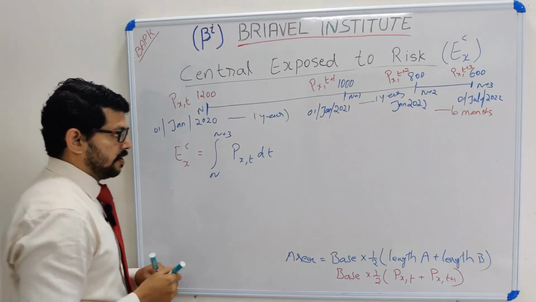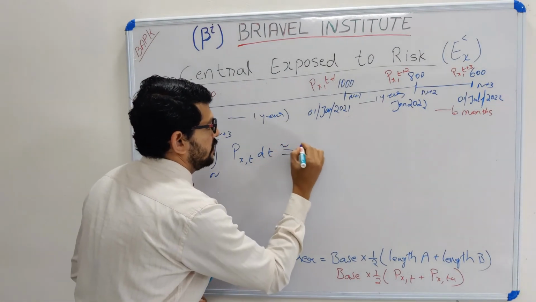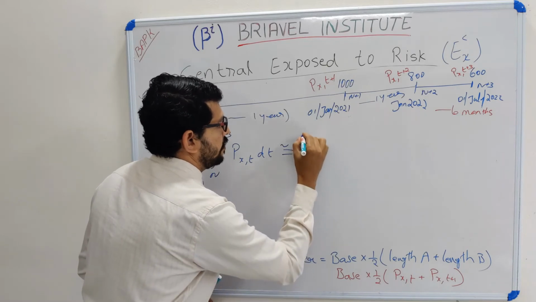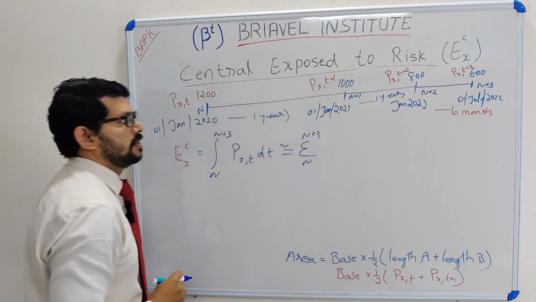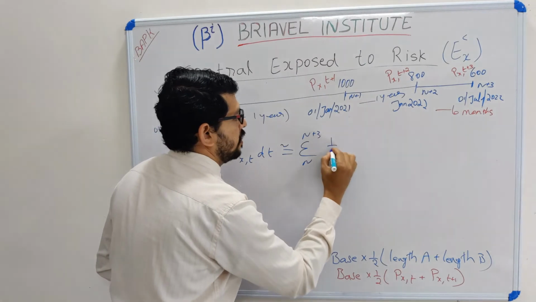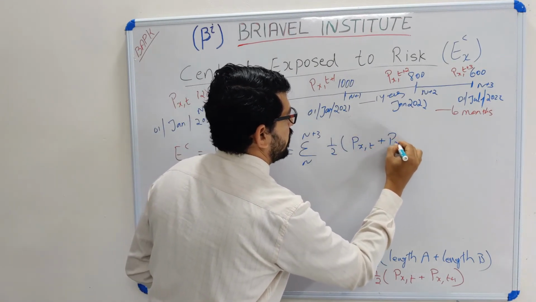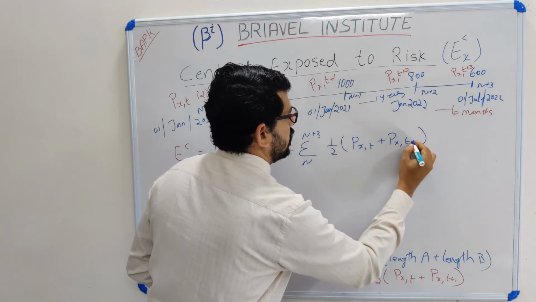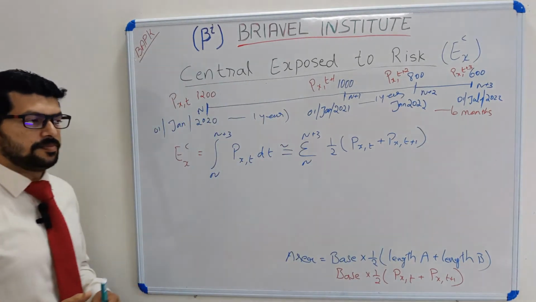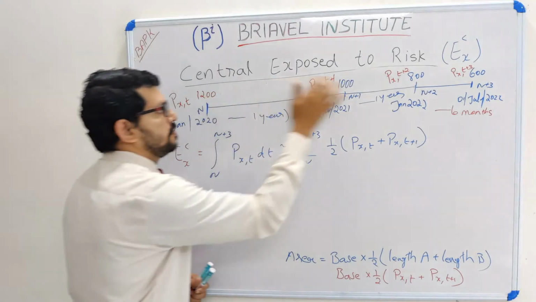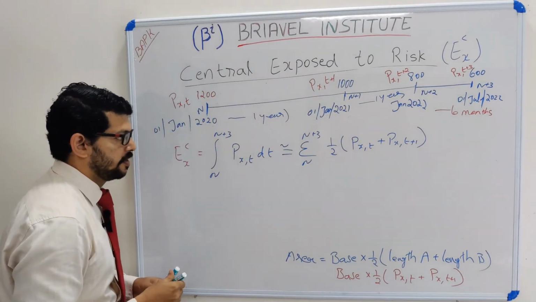So our approximate equation, n to n plus 3, is P of s comma t plus P of s comma t plus 1. This is our equation. So we substitute the values into this equation.